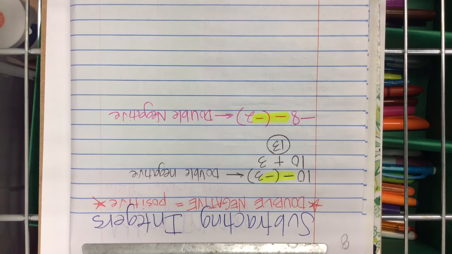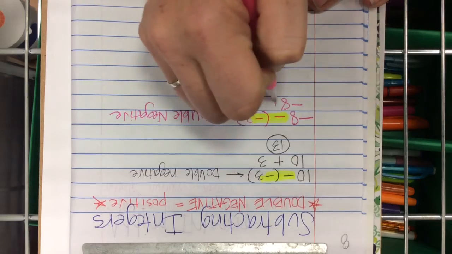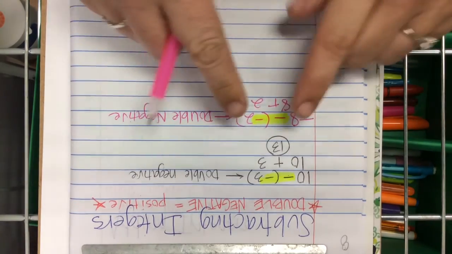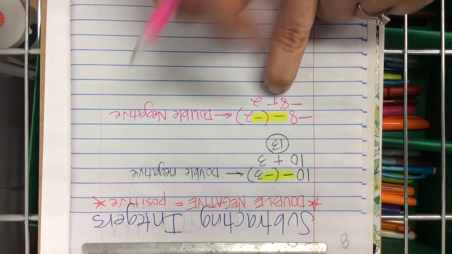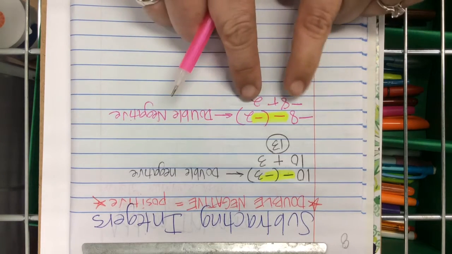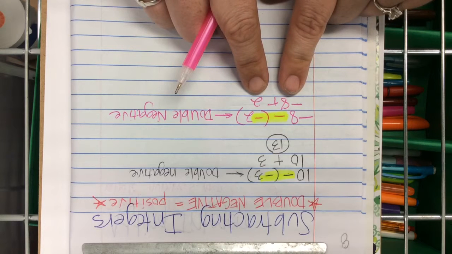So let's rewrite this problem. What does it look like? Negative 8 plus 2. Because that minus and negative together form a plus. Now, ladies and gentlemen, this is the rule we learned yesterday. Are the signs the same? No. Signs are different.